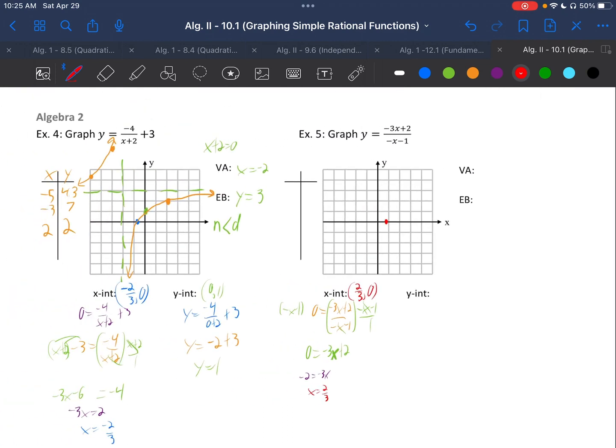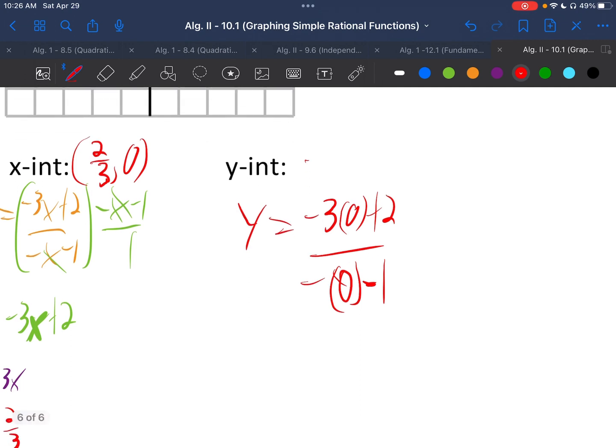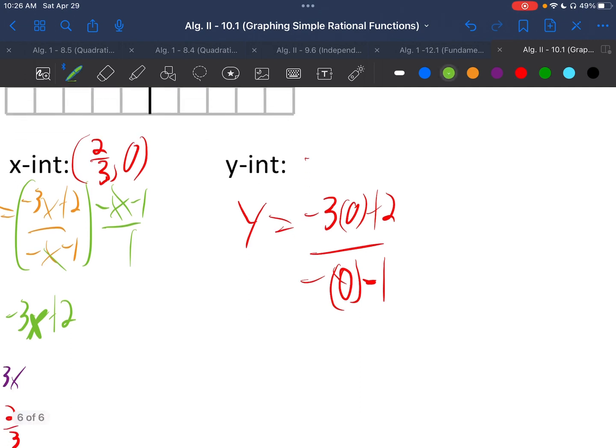Then we make the x equal to 0, and we get y equals negative 3 times 0 plus 2 over negative 0 minus 1. Now, you're saying, Mr. Crossell, if I know that negative 3 times 0 is just going to be 0, and plugging in 0 on the bottom is just going to give me negative 1, do I have to write all of this out? No, you definitely don't. Write only what you need.